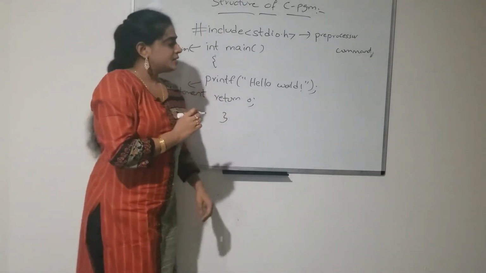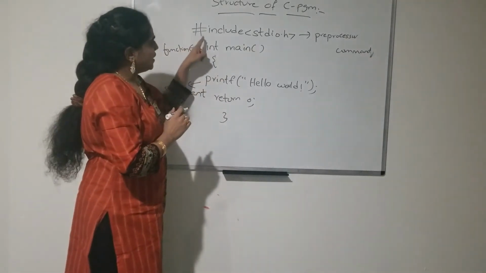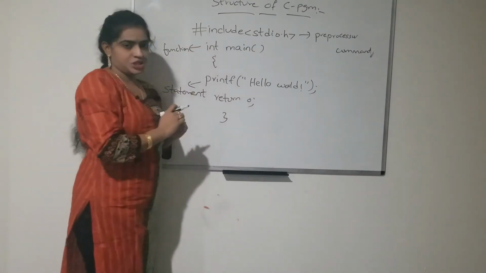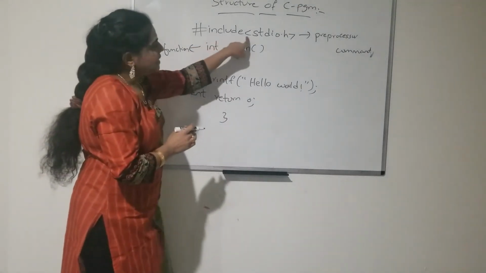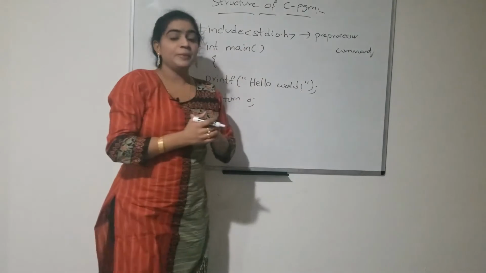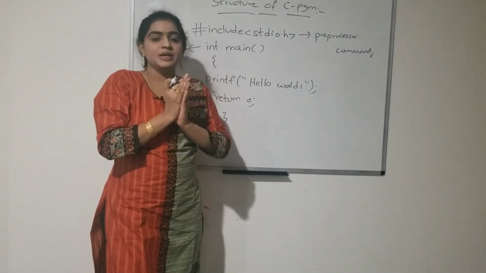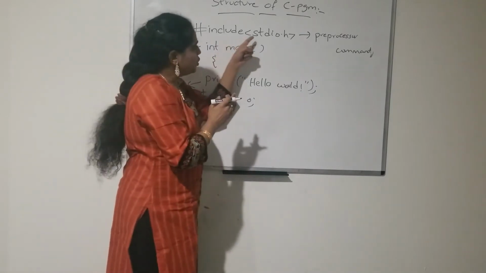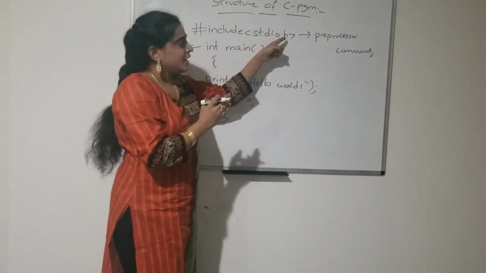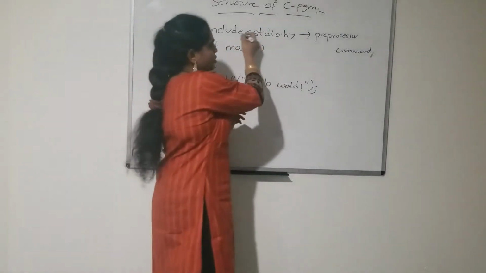See here. First, this symbol is called hash. Include stdio.h. It is a preprocessor command. You are writing a command saying to include the stdio.h header file in your program. This is called a header file.